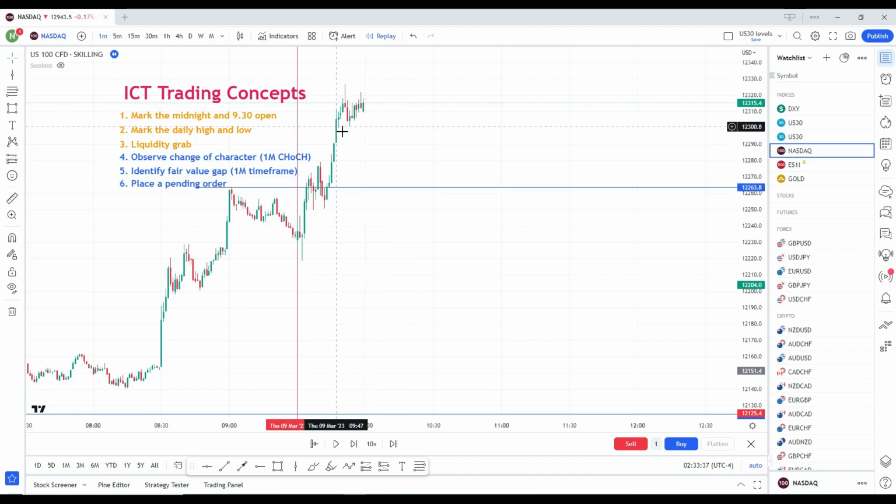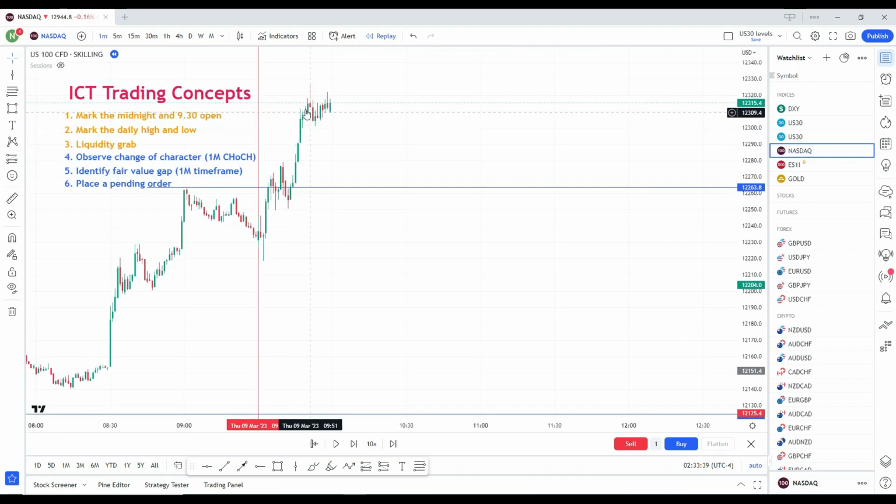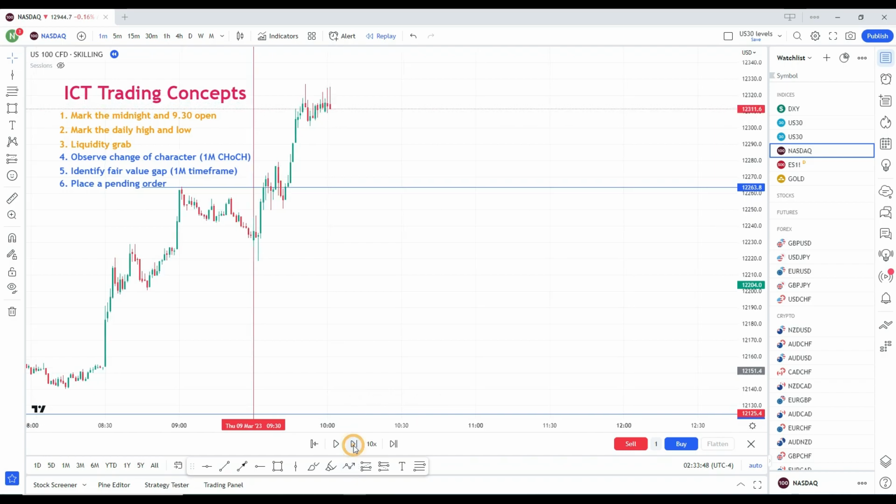So for change of character, this is an uptrend, so we want to see a sign of downtrend. Already we are looking at this break of this line.